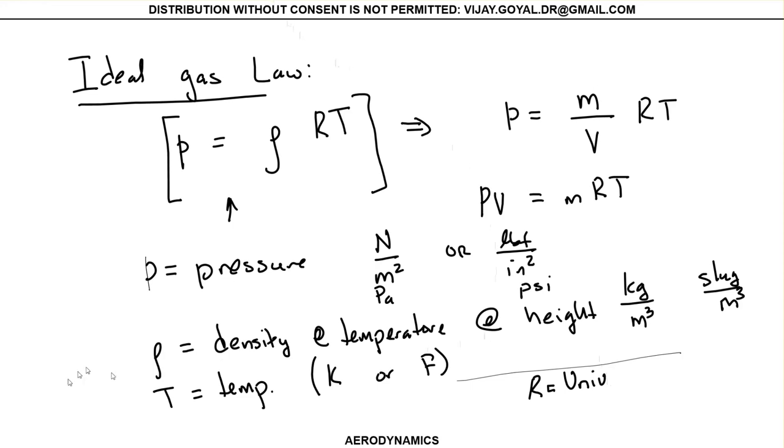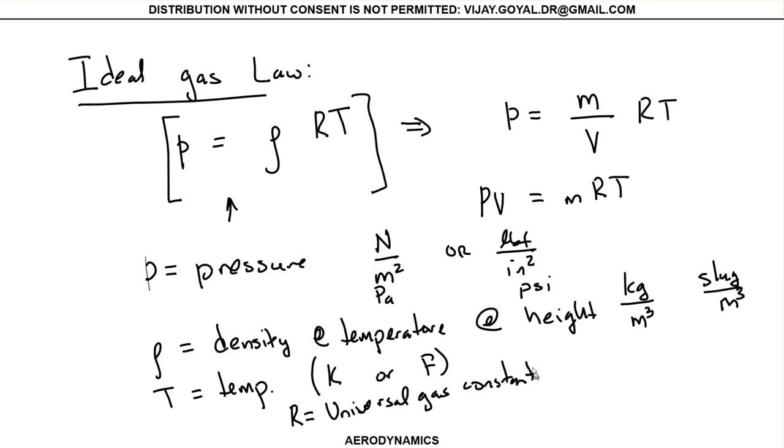Let's write that down here. R is the universal constant, and for air it is 287.05 Newton meters per kilogram Kelvin.